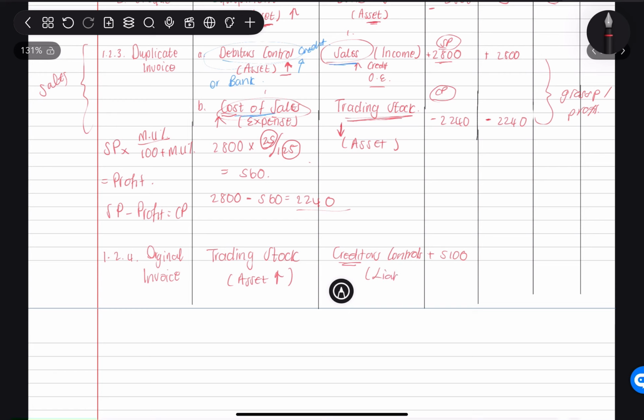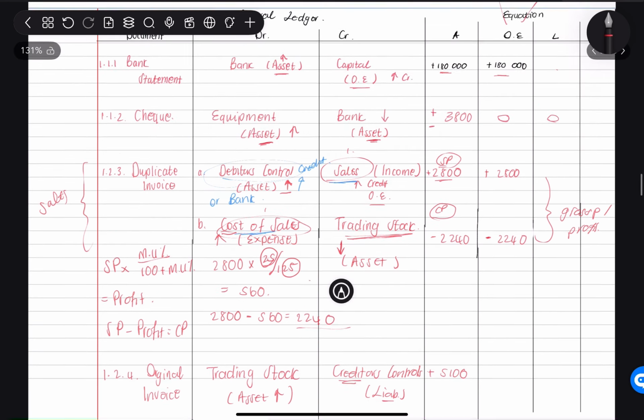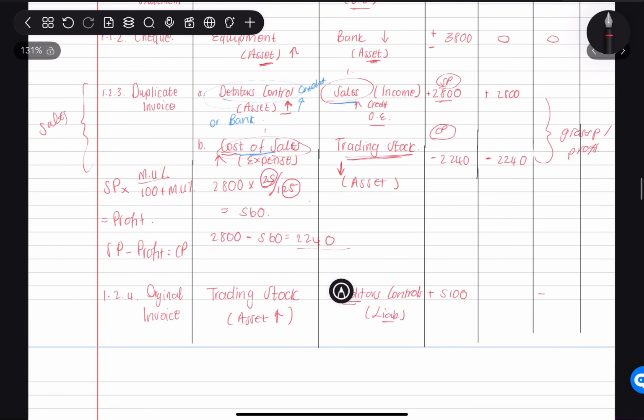We owe our creditors the money. It's not an expense. We're not just paying. We owe them the money. So creditors increase on the liability side. So we can go to the liability part of our equation and put plus 5,100.